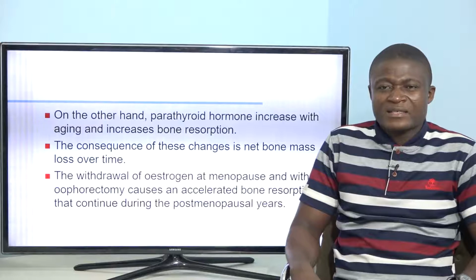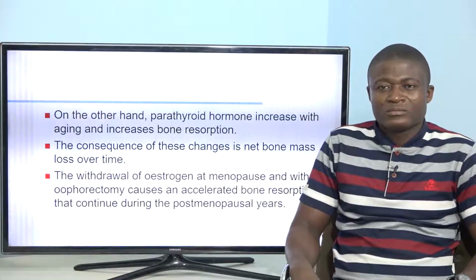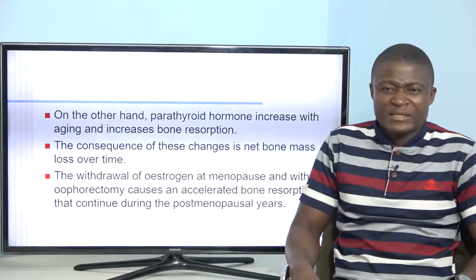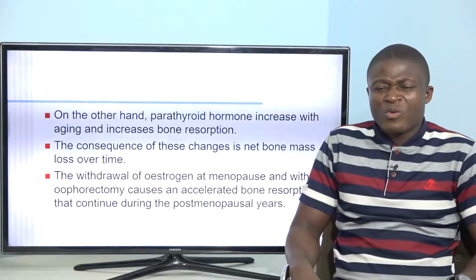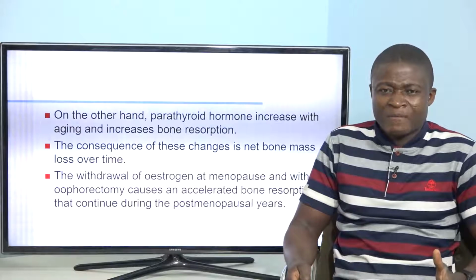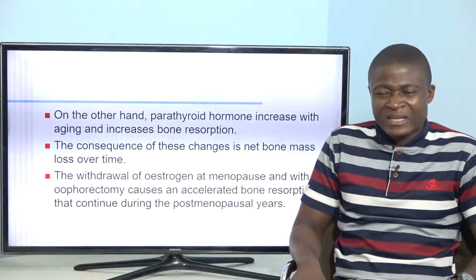On the other hand, parathyroid hormone increases with aging and increases bone resorption. So an opponent to calcitonin and estrogen is parathyroid hormone. Whilst estrogen and calcitonin are building the bone to make it bigger, there is a hormone called parathyroid hormone produced by the parathyroid glands.